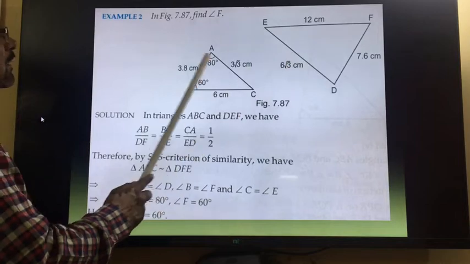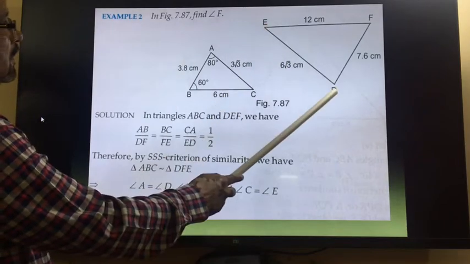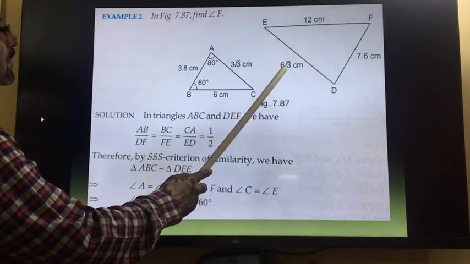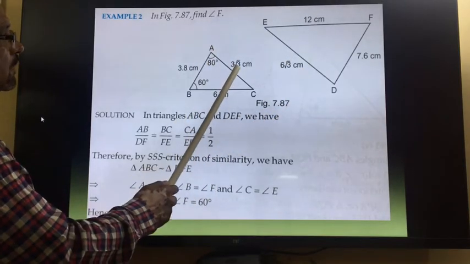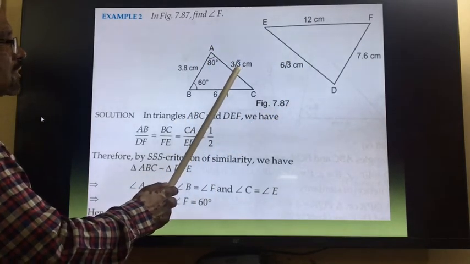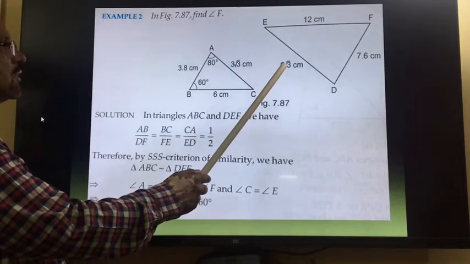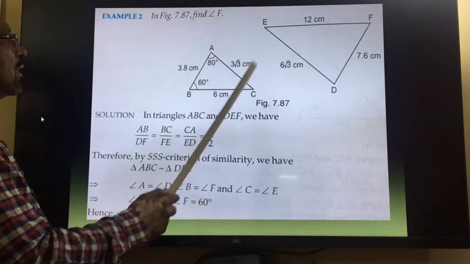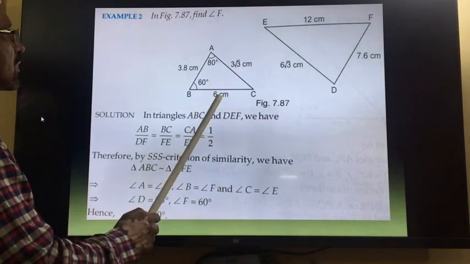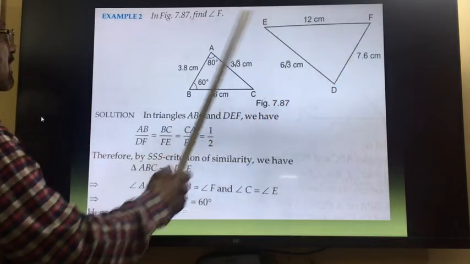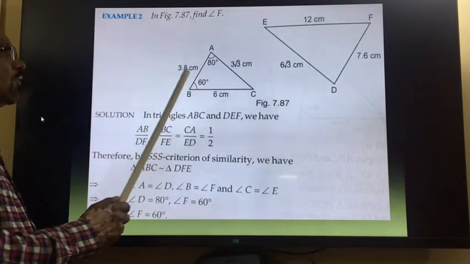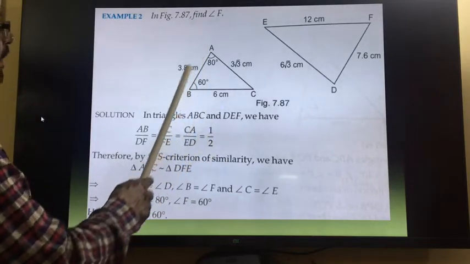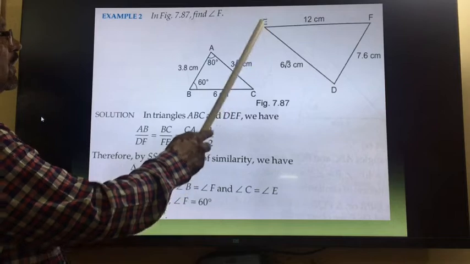And DE is 6 root 3, which is double of 3 root 3. And 7.6 is double of 3.8. So we can say triangle ABC is similar to DEF.